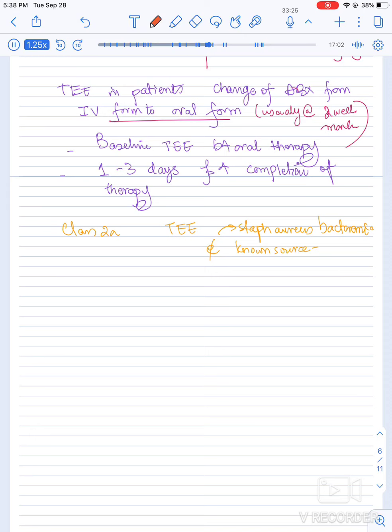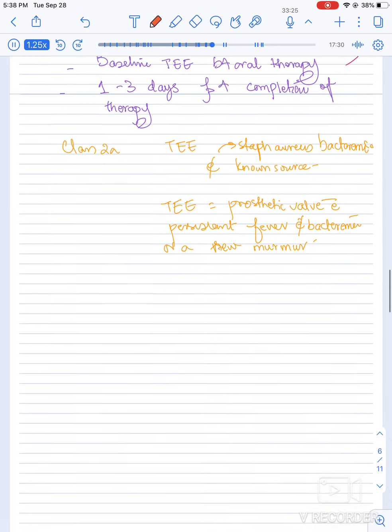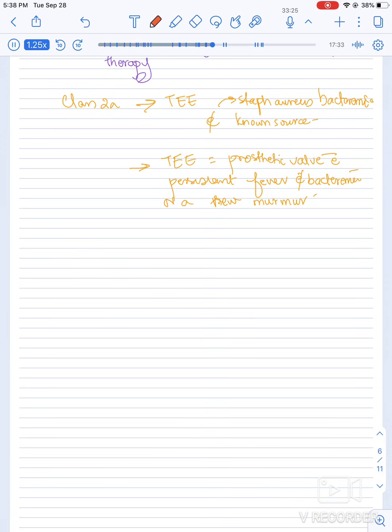And the other 2A recommendation is for patients to maybe consider performing a TEE in patients with prosthetic valve with persistent fever without bacteremia or a new murmur. So these are two class 2A recommendations to consider performing TEE.